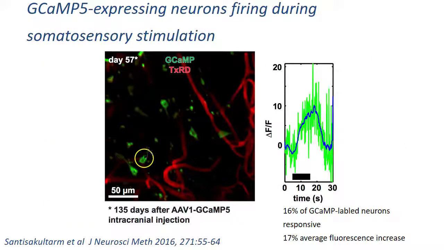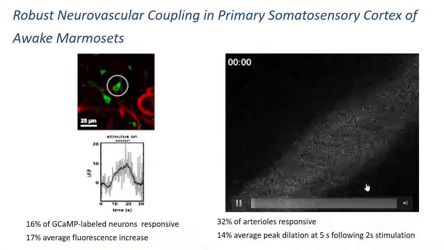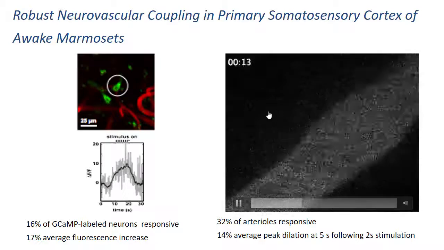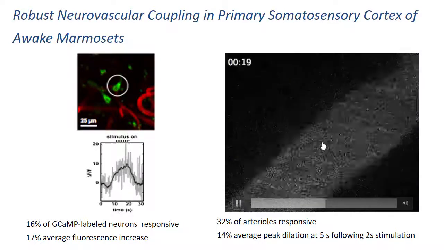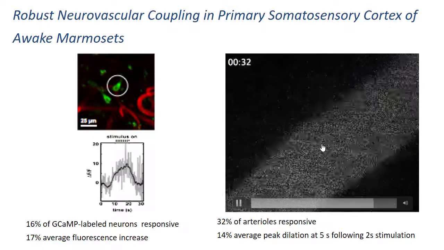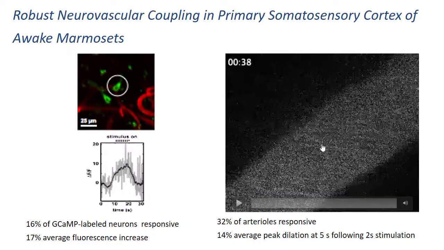But then if you do an ROI at a single cell, when you stimulate the animal, in this case with somatosensory stimulation over the somatosensory cortex, you see an increase in delta F over F with the stimulus duration that indicates the activity of the neuron. And then in a blood vessel that is right next to it, whenever the stimulus is on, this capillary increases in diameter, and it will even vary its diameter in between stimulations, but you have a time-locked increase in diameter.